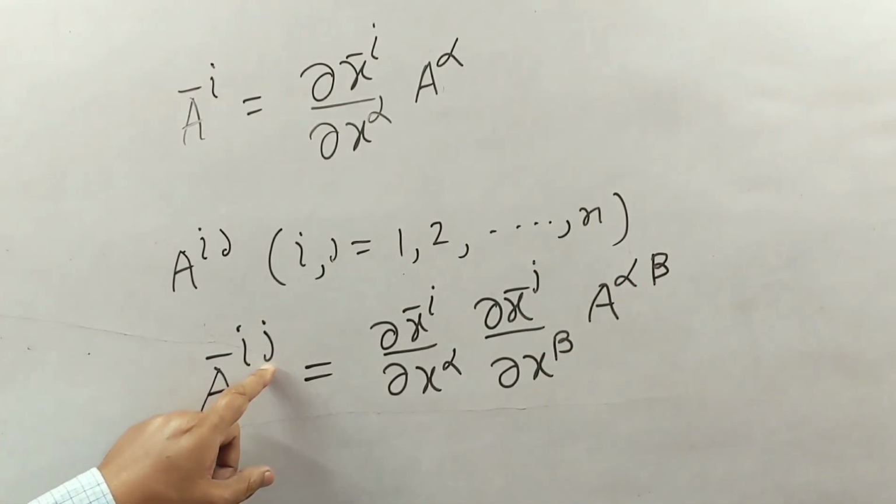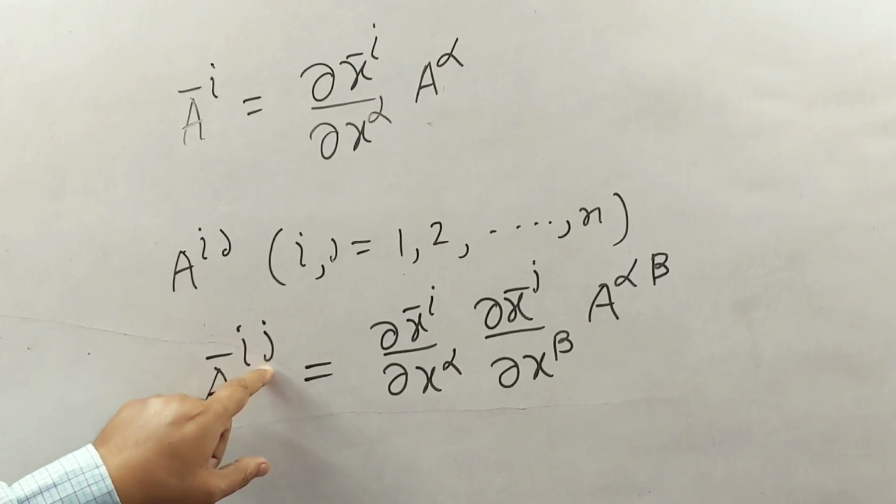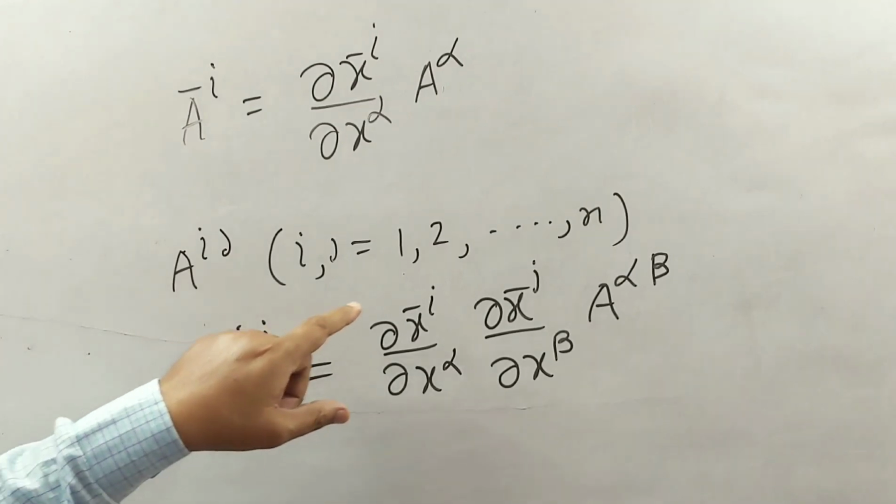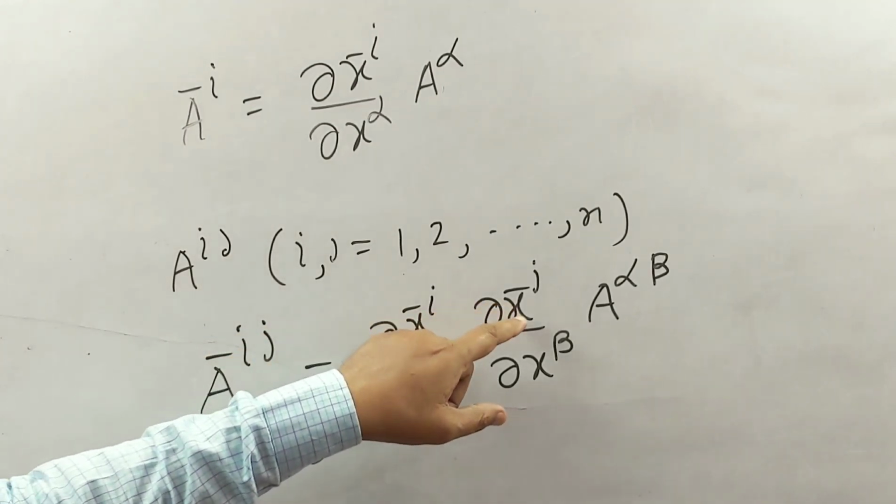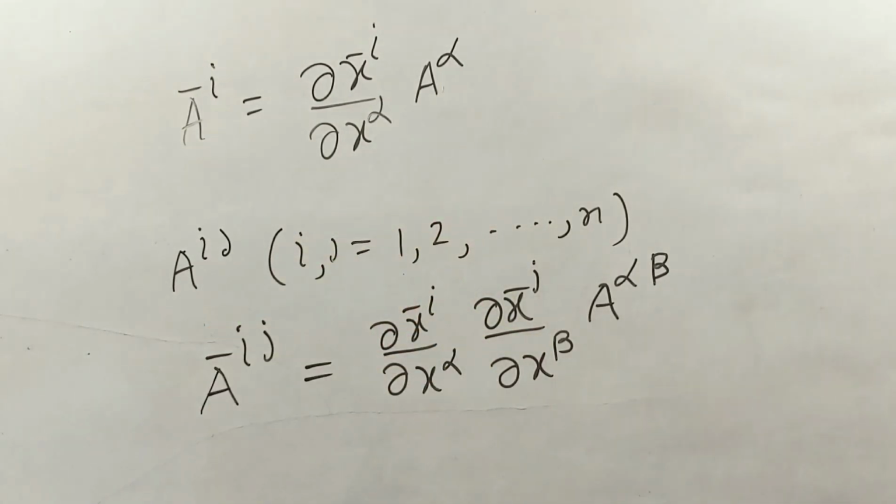Here ij are superscripts, so x bar i and x bar j will be in the top position. This is the tensor law of transformation of a contravariant tensor of rank 2.